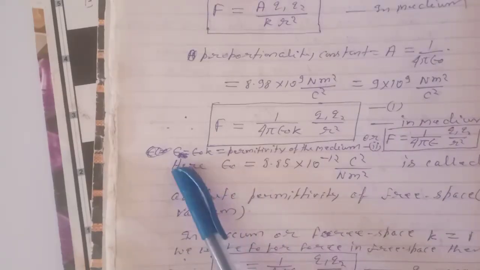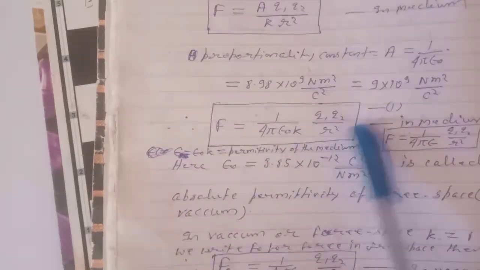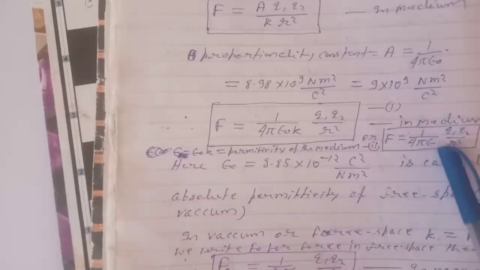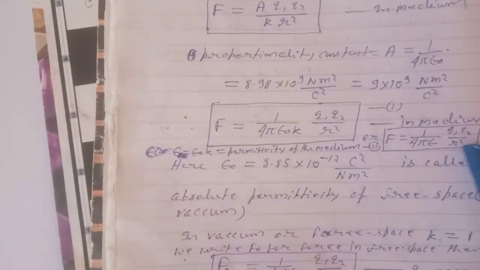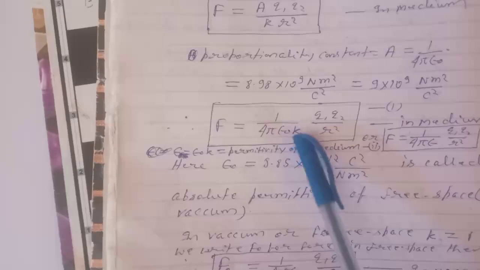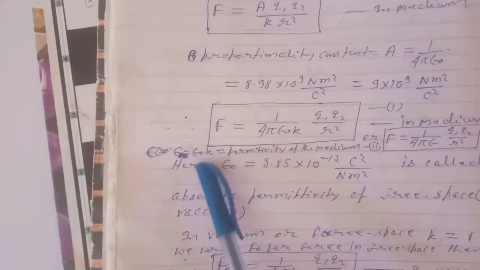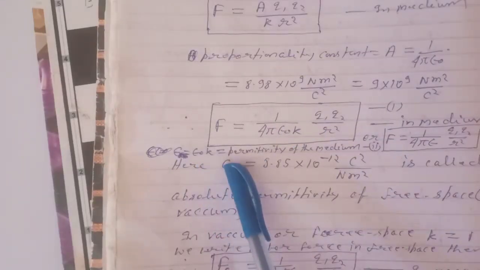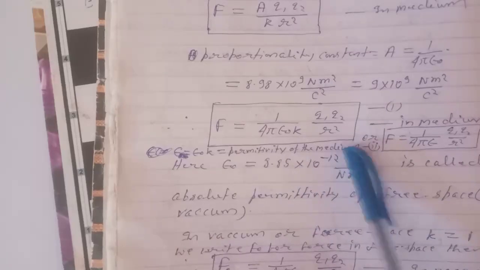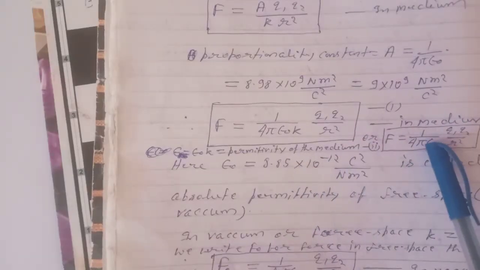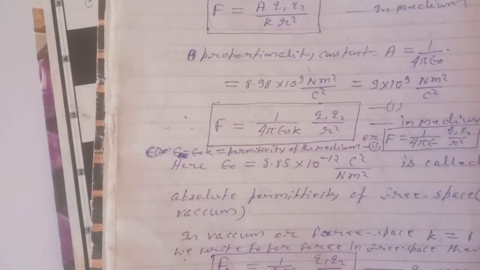This can be written as F equals 1 by 4 pi epsilon Q1 Q2 by R square, where epsilon equals epsilon naught into K, which is called the permittivity of the medium.